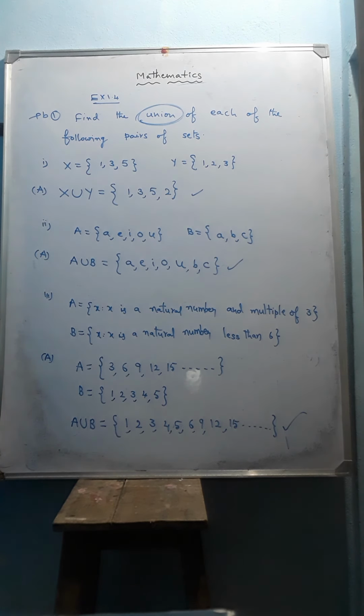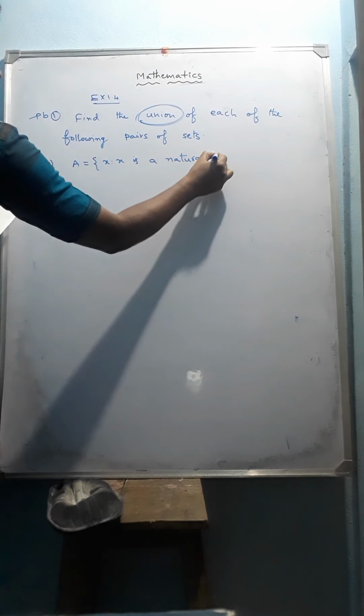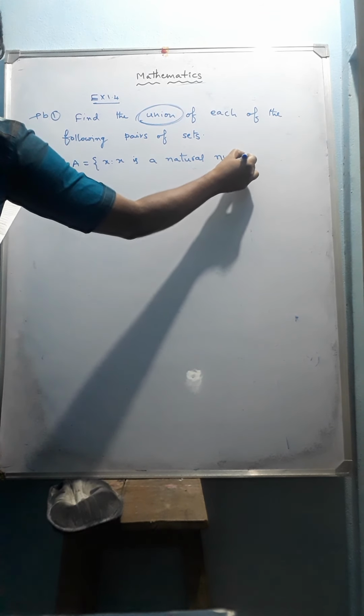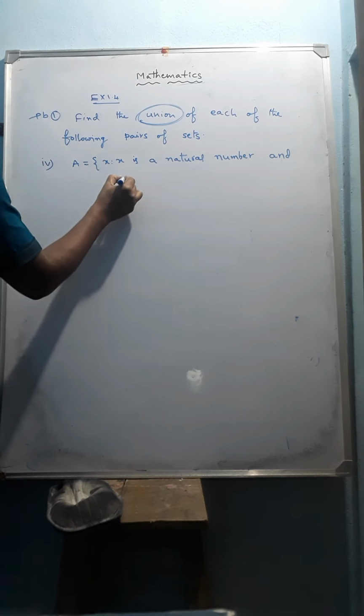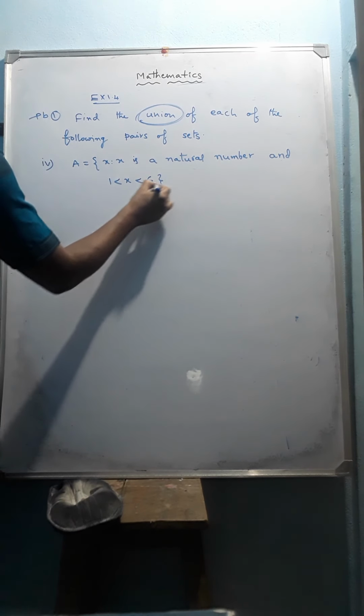Next problem. So problem number 4. Under problem number 1, sub problem number 4: A is equal to the set of x such that x is a natural number and 1 less than x less than 6.